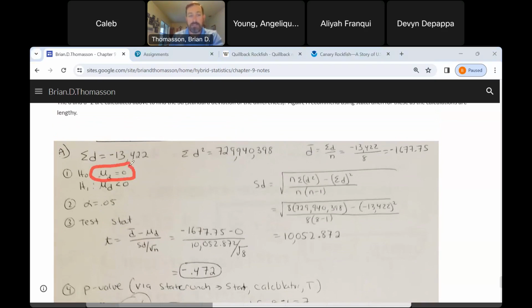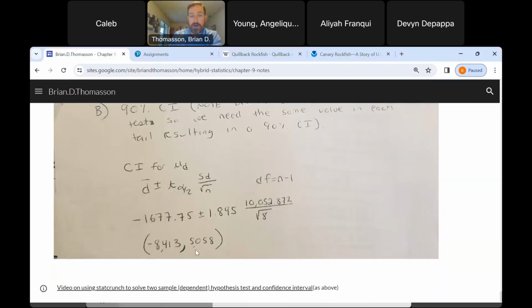So in all our cases in this section and every other section, our H0 is 0. So if we reject H0, that means 0 is not a possibility, and our confidence interval will not include 0. But if we fail to reject H0, that means 0 is a possibility, and it will be in our confidence interval. Got it. That makes sense. Does that make sense? Yep. So, when we reject, 0 is not going to be in there. If we fail to reject, 0 will be in there. So in this case, we failed to reject. So 0 was in our confidence interval from negative 8,400 to positive 5,000.